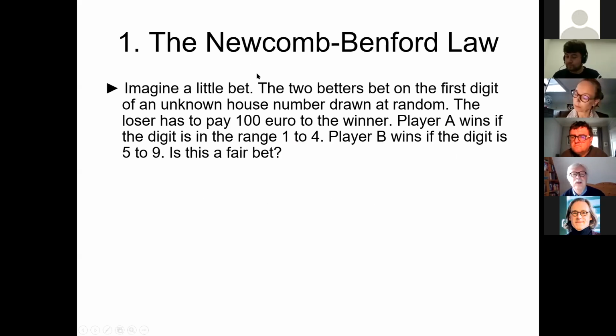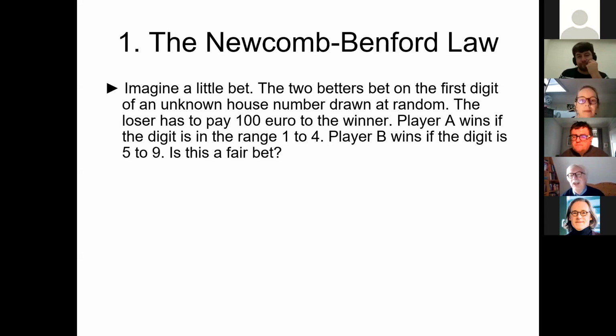Think of a little bet. For example, I ask, say, Jerome, let's bet on the first digit of the house number of Uljana, please. And hopefully, I think we both do not know the house number of Uljana. So the loser pays, say, a hypothetical bet of 100 euros.